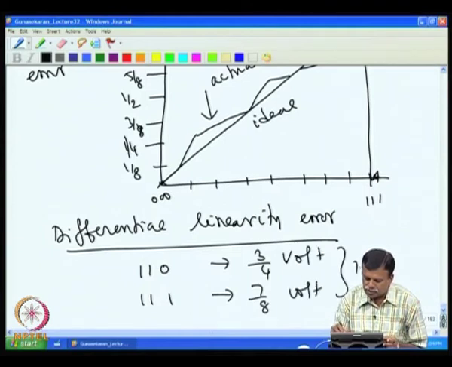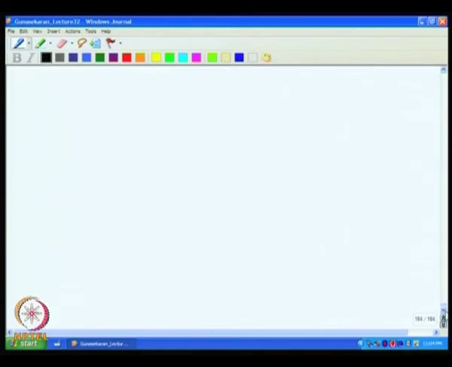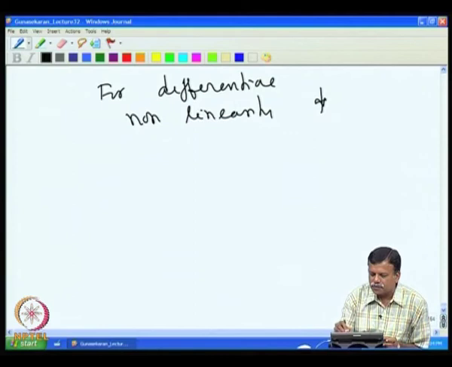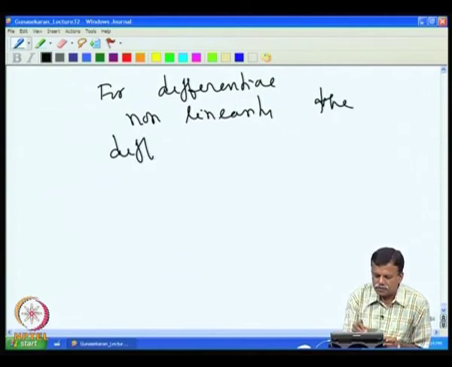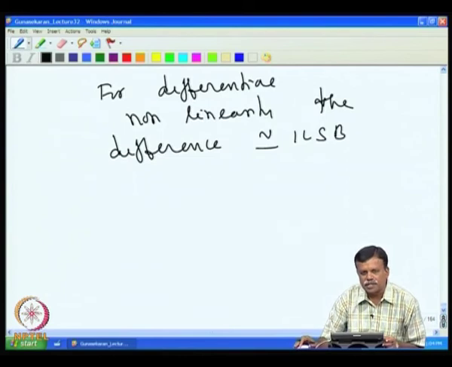The difference is 1 LSB, but the difference need not be 1 LSB. In the ideal case, this can be, for differential nonlinearity, the difference will not be equal to 1 LSB. This is actually coming as a differential linearity error.